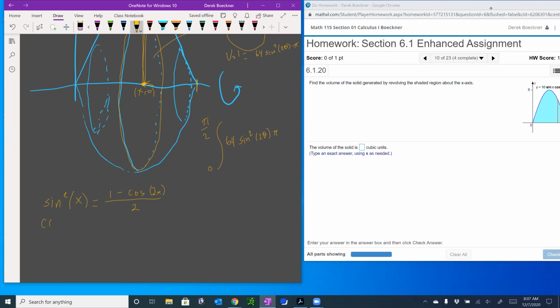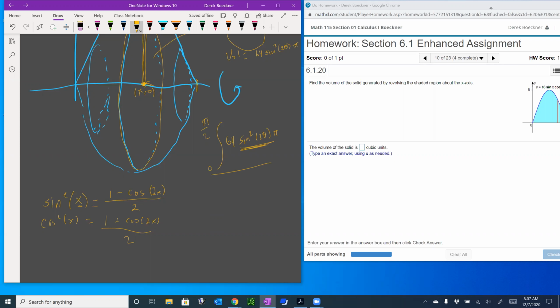The other one is that the cosine squared of x is equal to 1 plus the cosine of 2x over 2. Well, I've got a sine squared here. So I'm going to replace the x here with 2 theta.